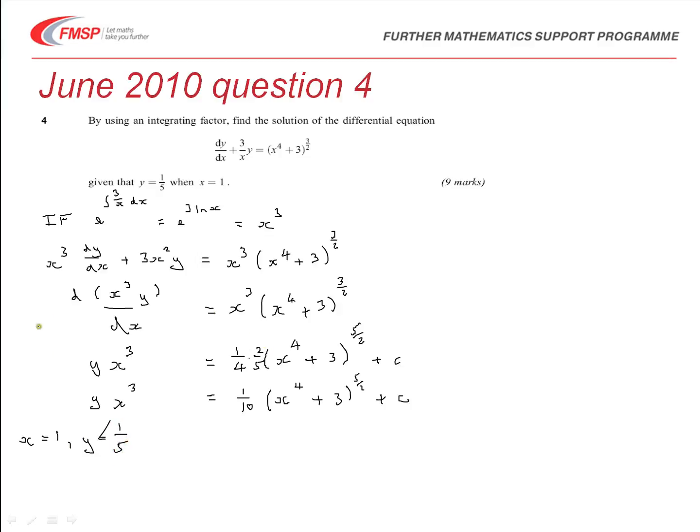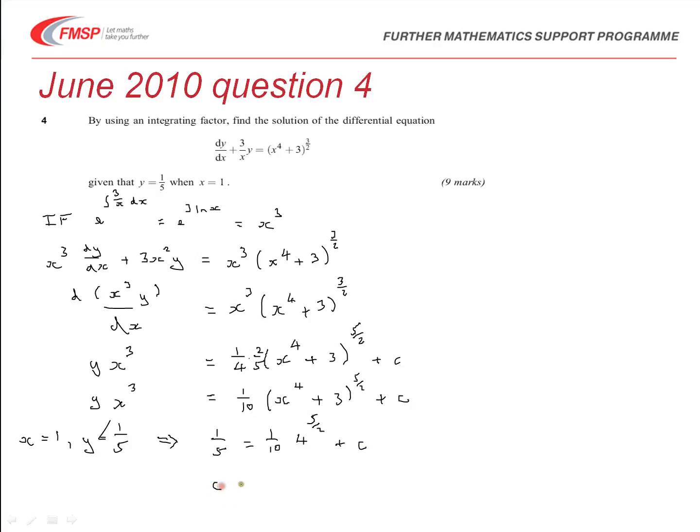So x is 1, y is 1/5, so the left hand side will just be 1/5, and on the right hand side we have a 10th, and again x is 1, so 1 to the power of 4 is 1, plus 3 is 4, so we get 4 to the power of 5/2 plus c.